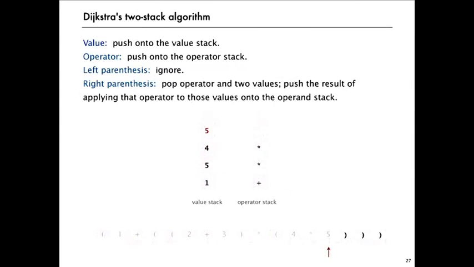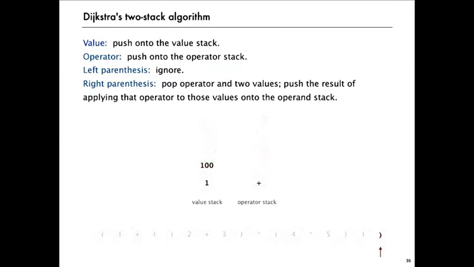Now we've got a lot of stuff on the stacks, and we've got three right parentheses, and that's going to finish up the computation. Take the top two items off the value stack and the top operator off the operator stack, perform the operation, put the result back on the value stack. Another right parenthesis: take the top two values off, perform the operation, put the value onto the value stack.